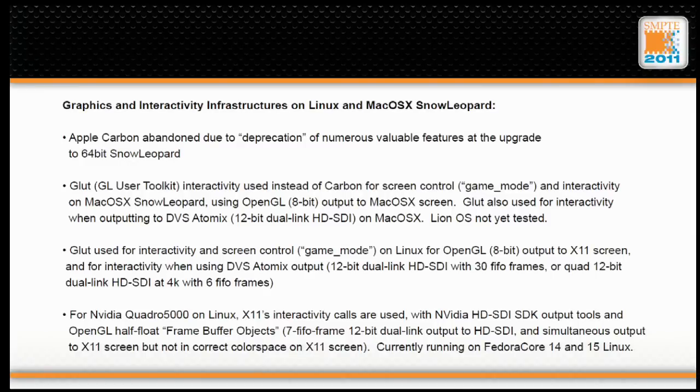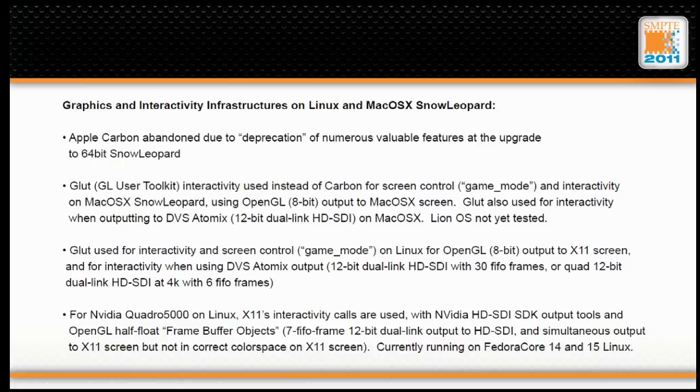For the interactivity structures, I'm using various different things on the Mac OS and Linux. The OpenGL user toolkit called GLUT, G-L-U-T, turns out to be a pretty good way to go. And I'm showing you today through the Quadro 5000, although I also support the DVS Atomics.